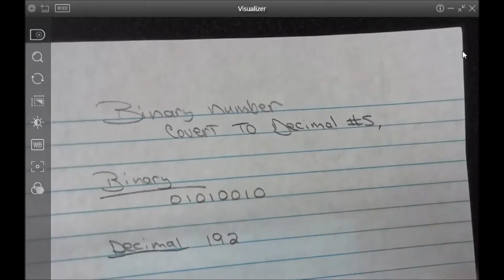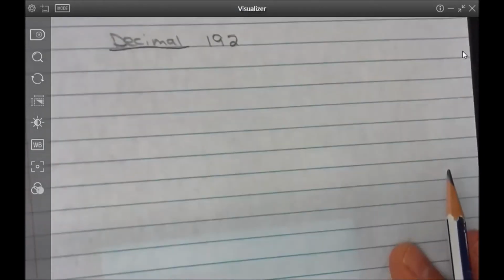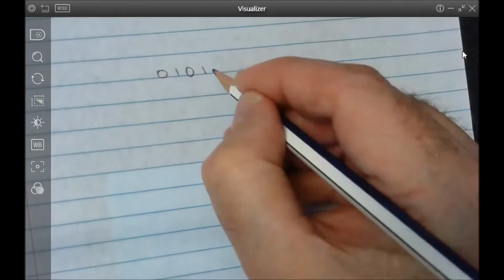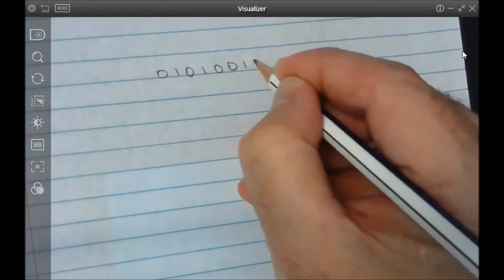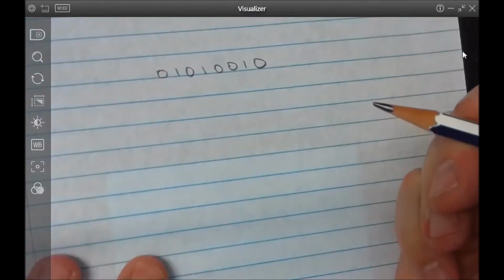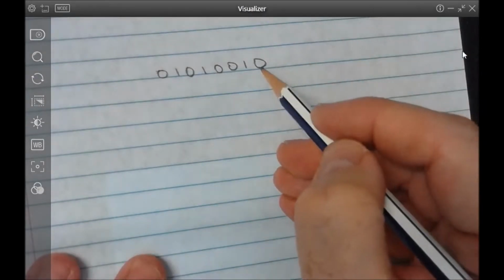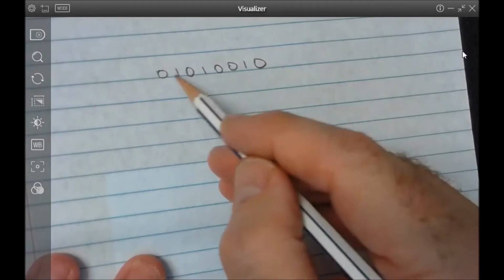And so how do we do that? Well, there's an actual process to do this. I'm going to select my number, 0, 1, 0, 1, 0, 0, 1, 0. This has 8 positions: 1, 2, 3, 4, 5, 6, 7, 8.